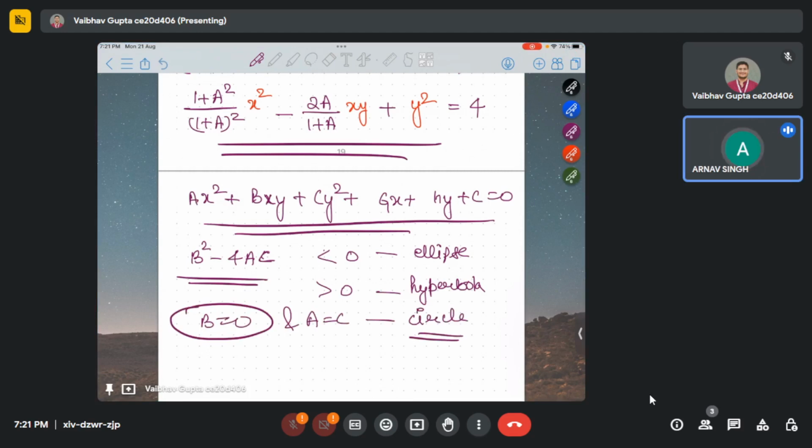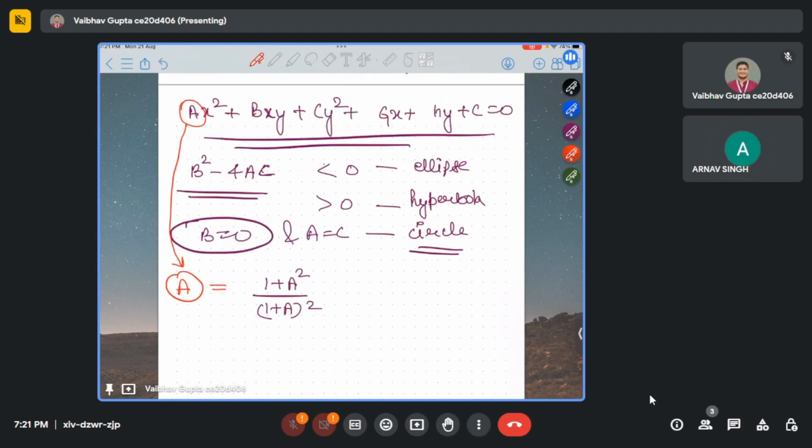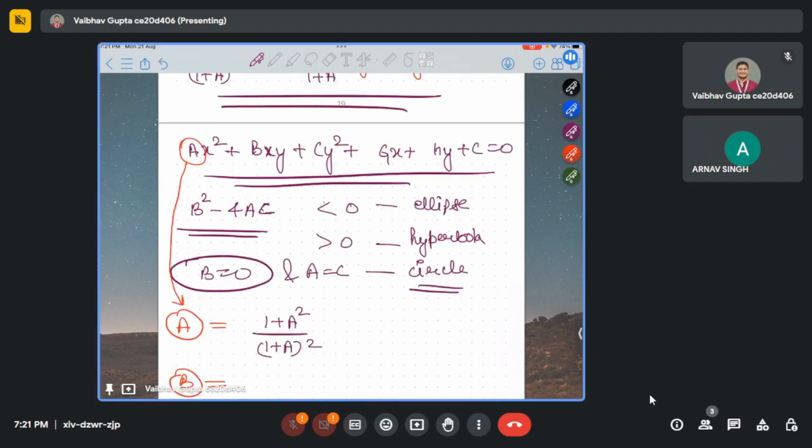Now we'll check with our equation. A is 1 plus a square upon 1 plus a whole square. What is B? B is minus 2a upon 1 plus a.